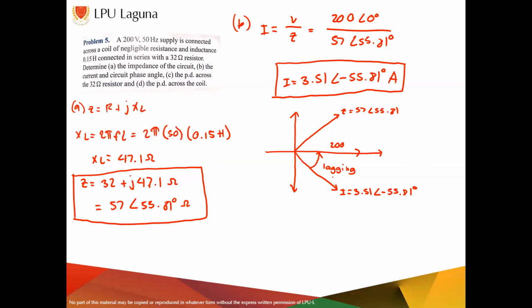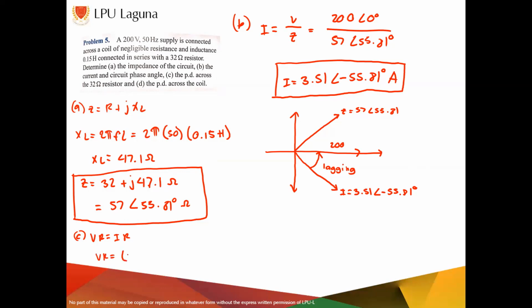Okay, so letter C. Potential difference across the 32 ohm resistor. So VR, letter C, VR is equals to I times R. So we are looking for the VR, the voltage across the resistor.